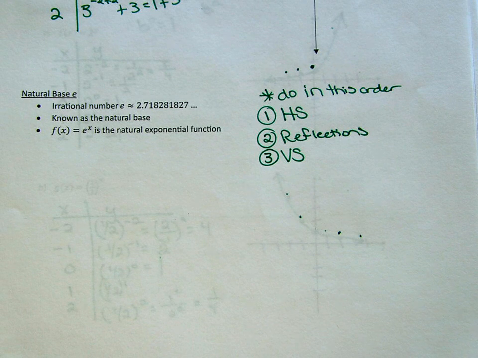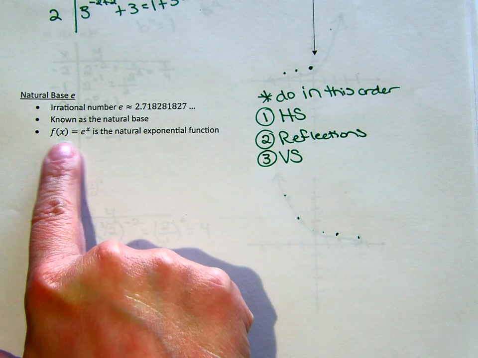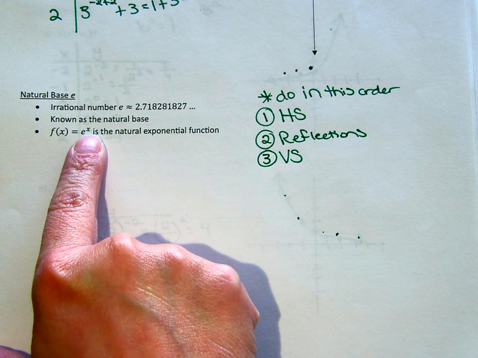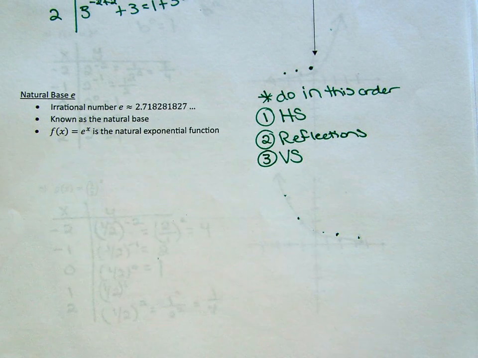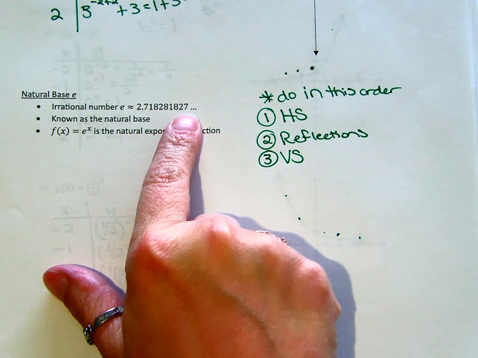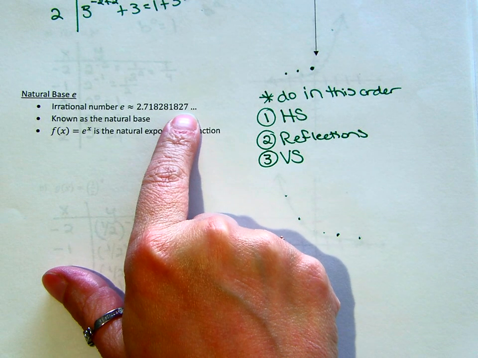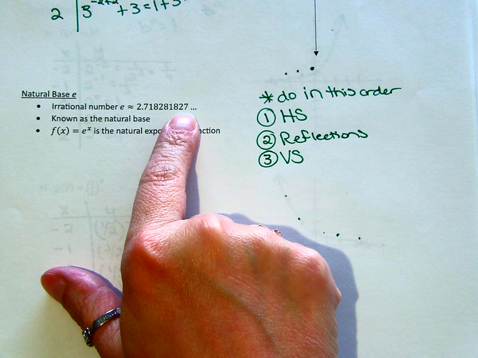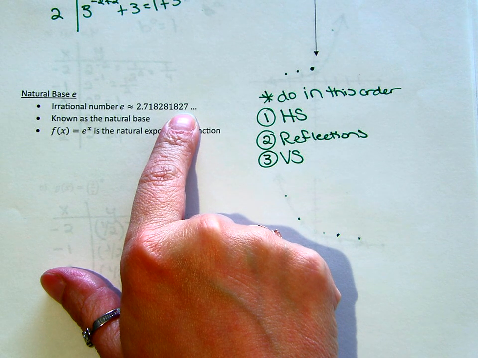But we can have a natural base E. We can have an exponential function that looks like f of x equals e to the x. This is known as our natural exponential function. And you can actually compute this using your calculator. You will not be graphing with this, because if that's your base and then you're raising that to exponential powers, that's going to be hard. You can't graph with it, or at least we don't paper and pencil graph with it.